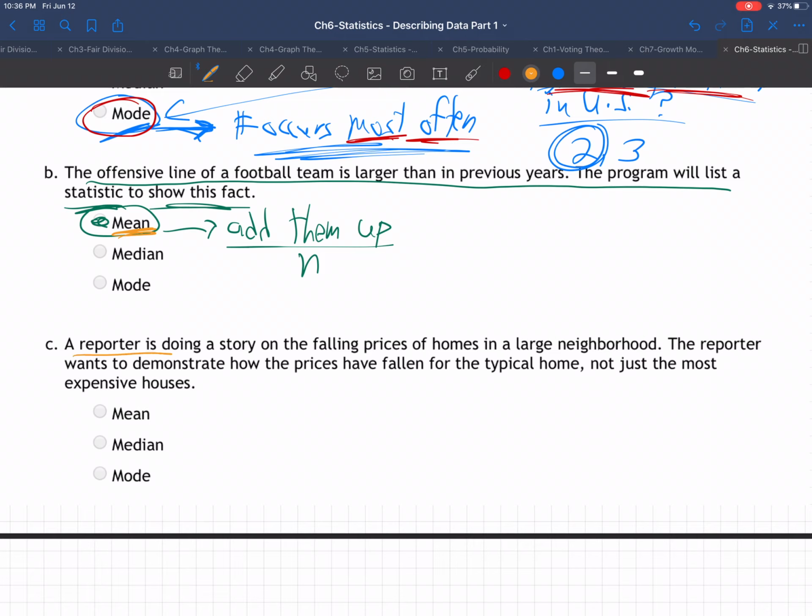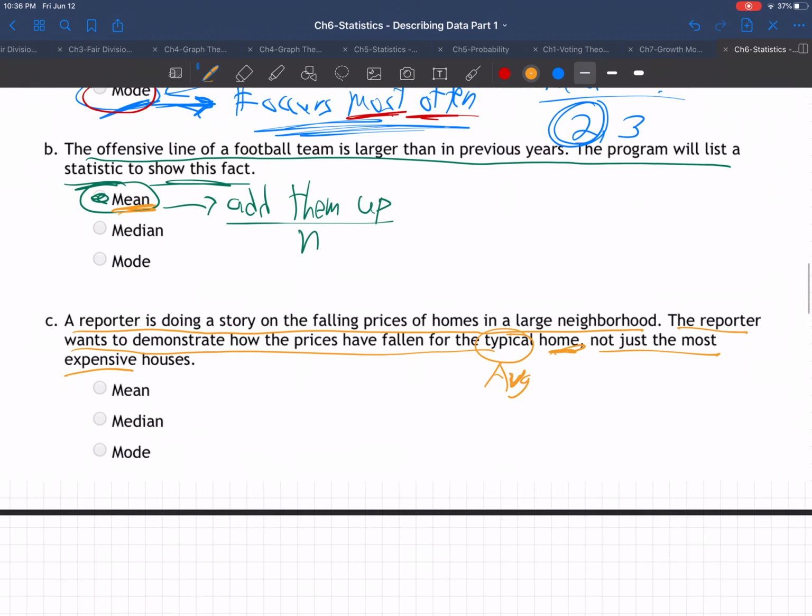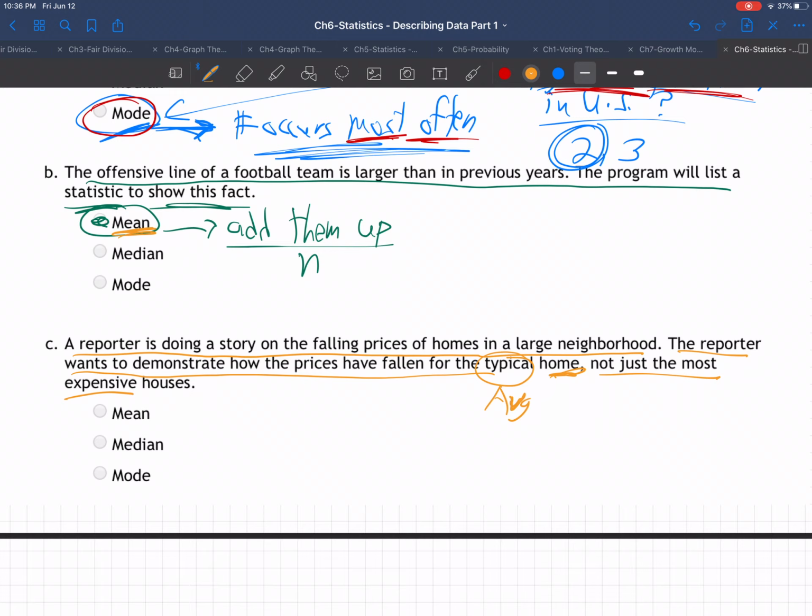Now down here, a reporter is doing a story on the falling prices of homes in a large neighborhood. The reporter wants to demonstrate how the prices have fallen for the typical average. Right? Typical is average home, not just the most expensive. So which one of these averages helps you to get the typical and not just the most expensive?